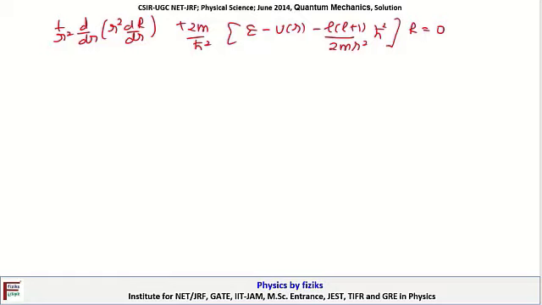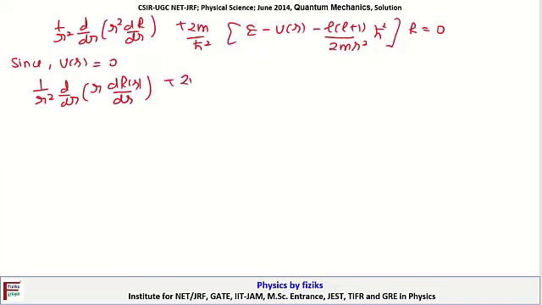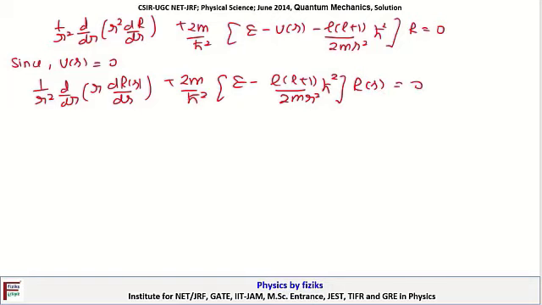Further, since V(r) equals 0, our above equation reduces to d/dr (r² dR/dr) plus 2m/ħ² (E minus l(l+1)ħ²/2mr²) R(r) equals 0.